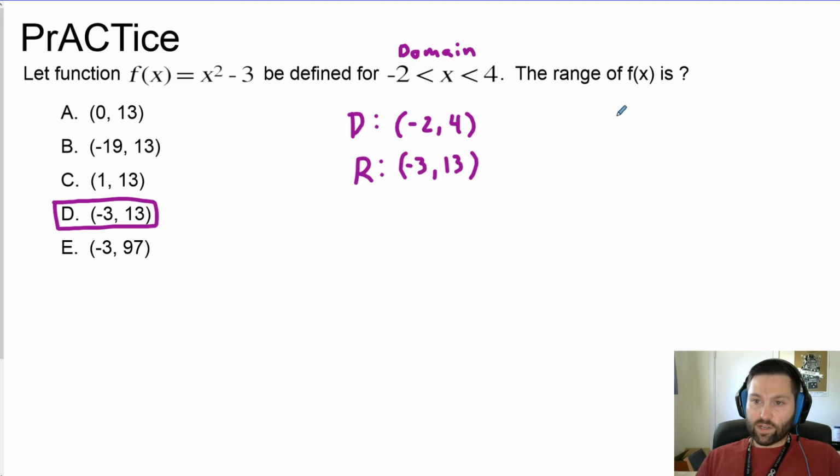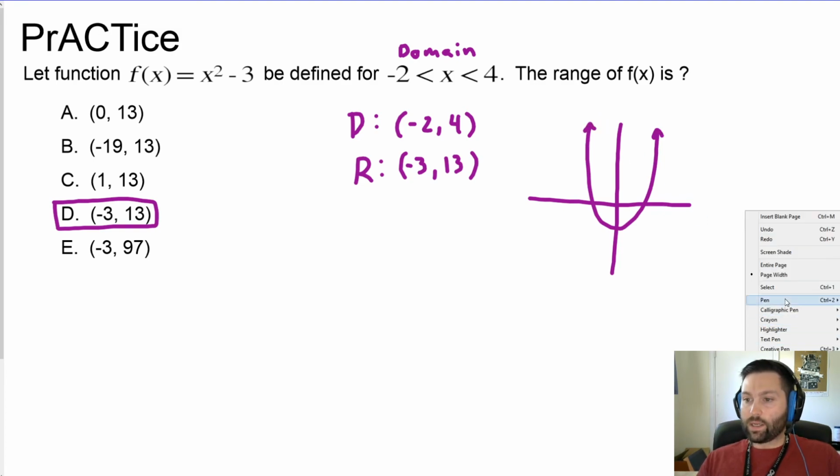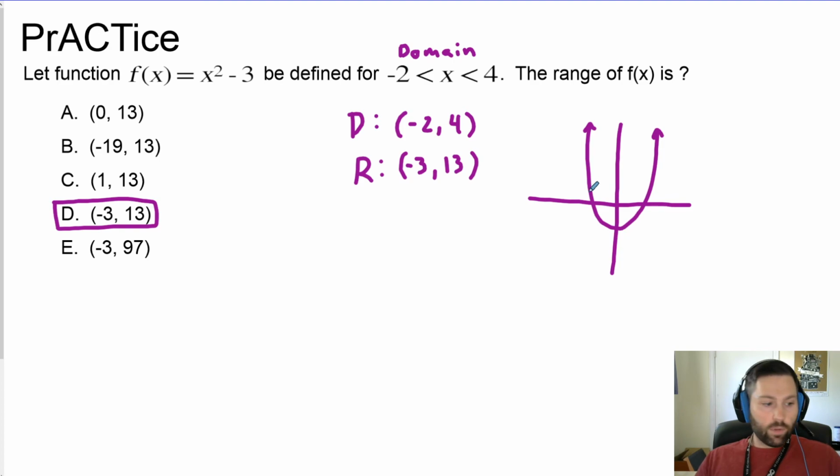So again, I'm going to sketch the graph for you too so you can see it. It goes like this, comes down, it's -3 and goes back up. What they are doing is they're putting an artificial limit on it, and they're saying only from -2, which is here, to 4, which would be over here.